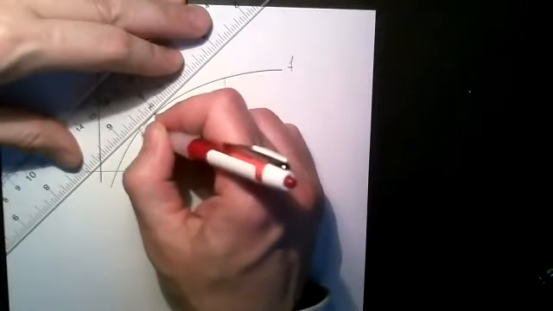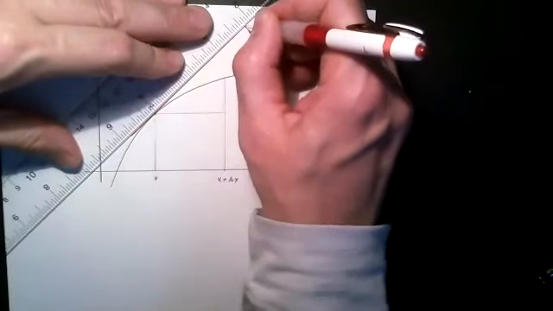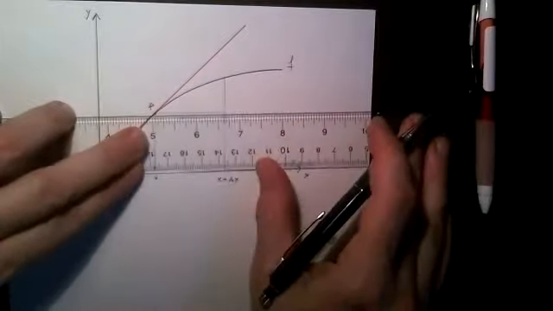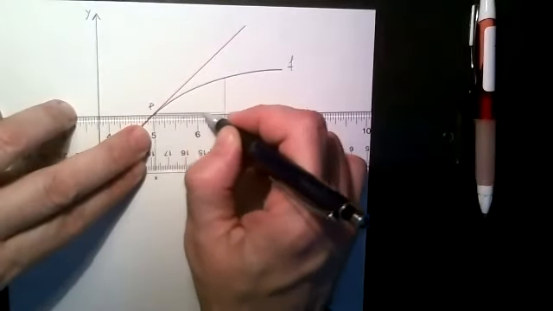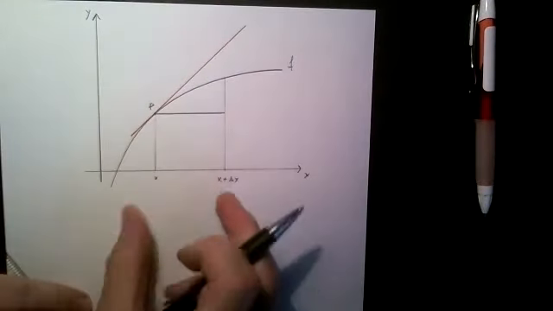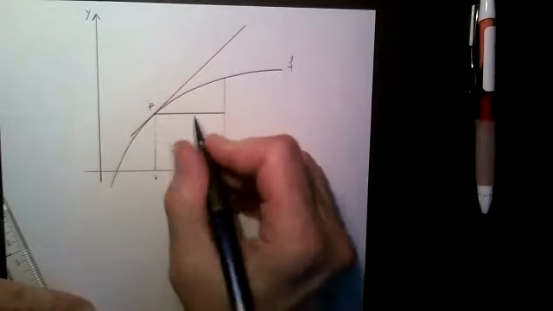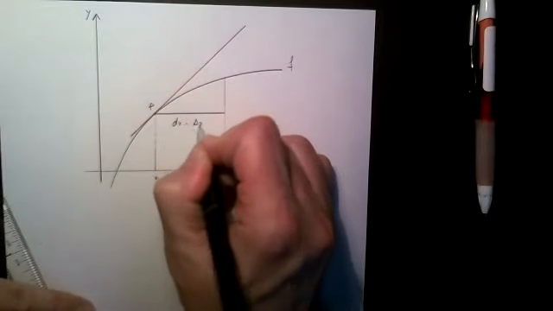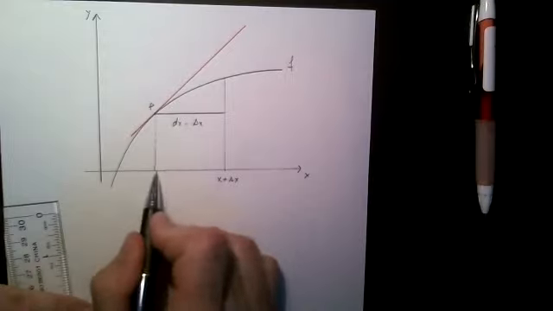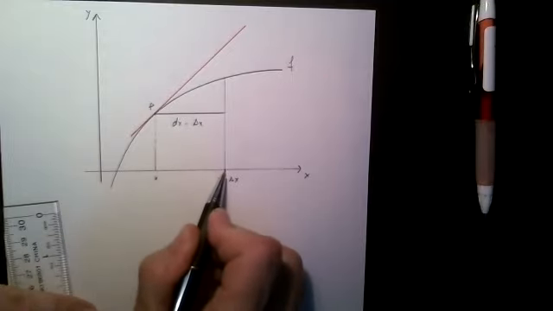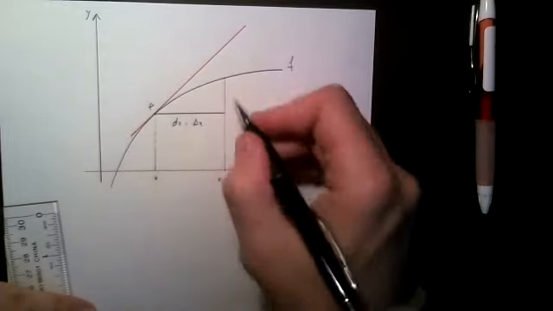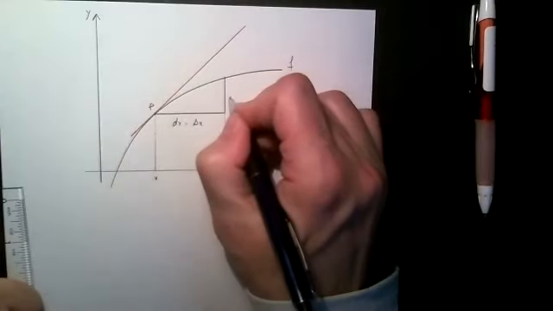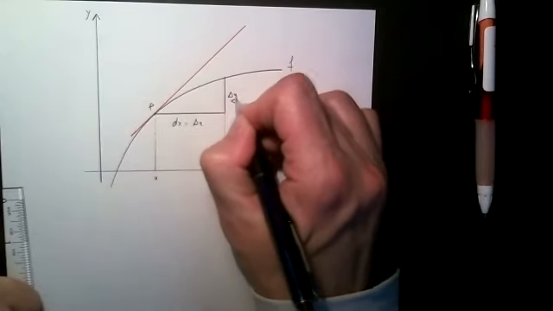This is my linearization like before. And this distance here is my dx, or my delta x. Dx or delta x, same thing. It's the small increase in x. A small increase in dx generates in my function a small increase in y. So this is called delta y.